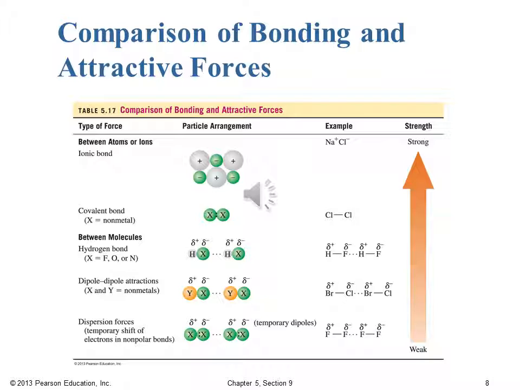In general, the ionic bond tends to be very strong, and we tend to have very high melting points, high boiling points for ionic substances. For covalent substances, we tend to have lower strength bonding interactions, and therefore we tend to be liquids or gases at room temperature and pressure, whereas ionic substances tend to be almost exclusively solids.